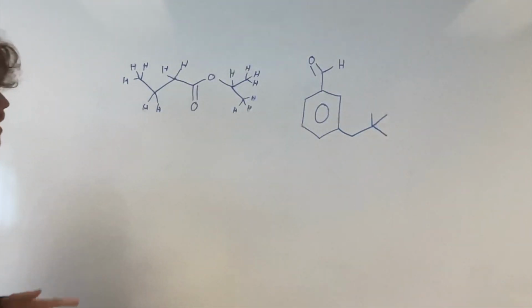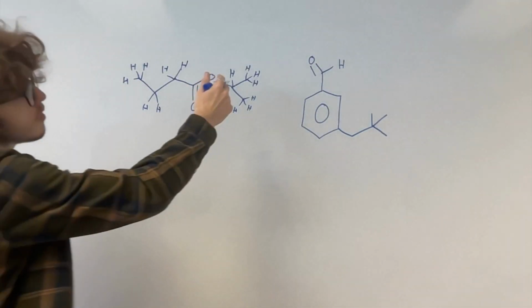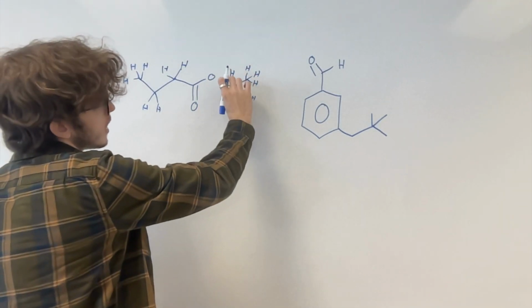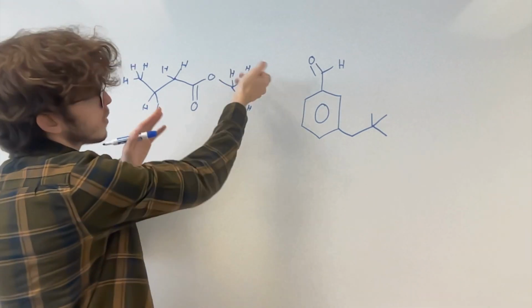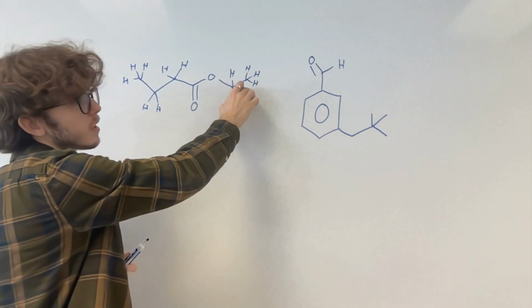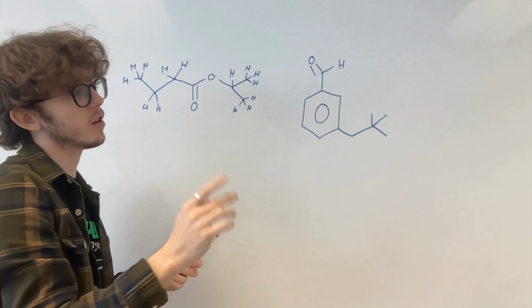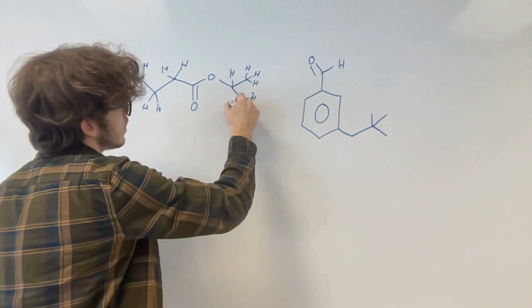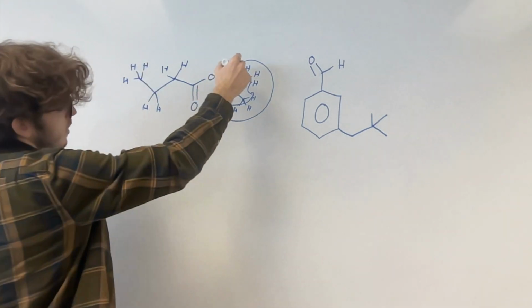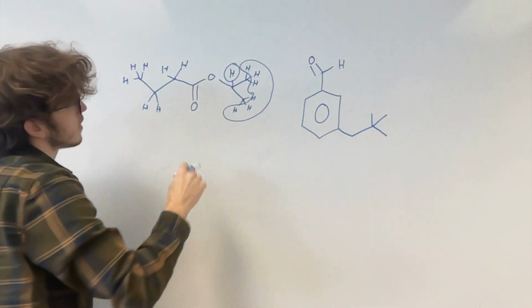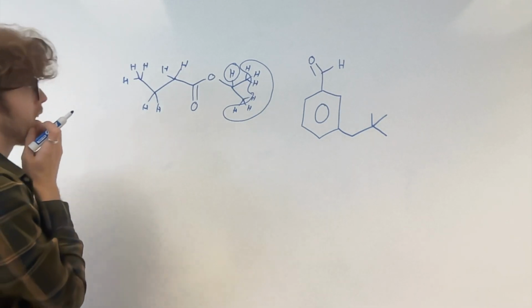Well, I don't see any symmetry, although I do see some symmetry here due to rotation. This bond can rotate, and if I blindfolded you and I rotated this molecule, you would not be able to distinguish which hydrogens are which. So for that reason, we know that these are chemically equivalent hydrogens. This is its own hydrogen environment. It's not like the other ones.